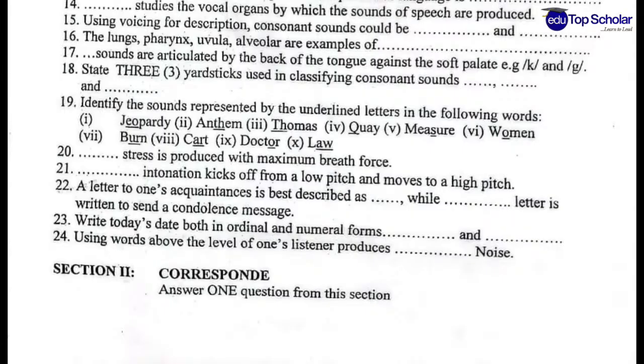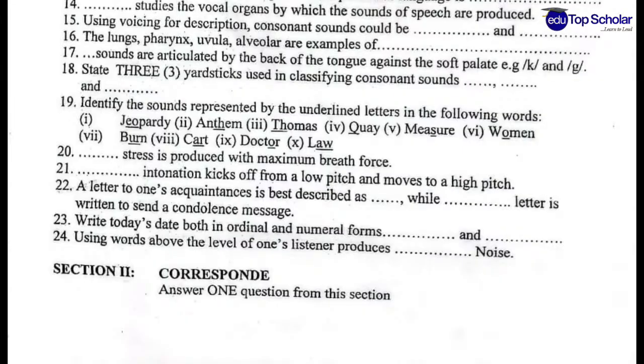Then number 19, identify the sounds represented by the underlined letters in the following words. Now, I will show you the description. That is this part of the question. We have to write the sound that represents the letters that are underlined.